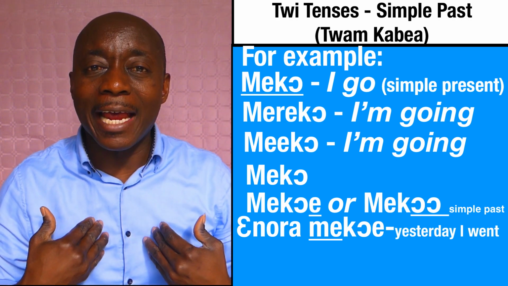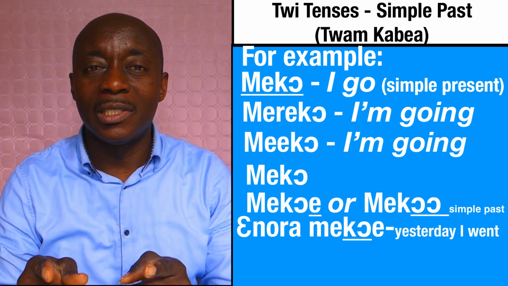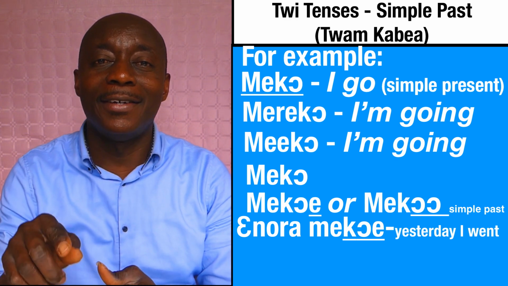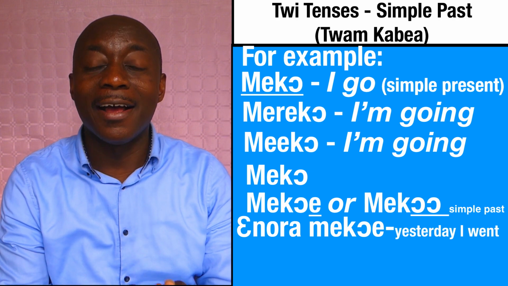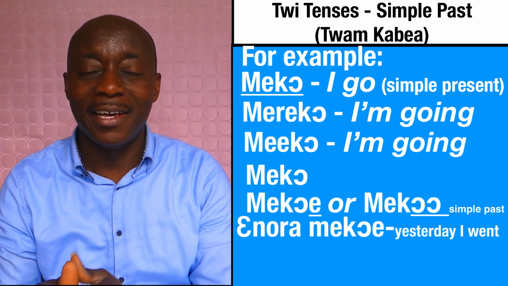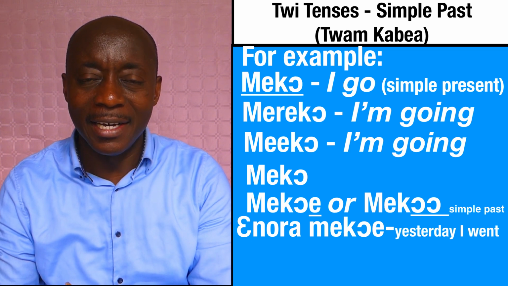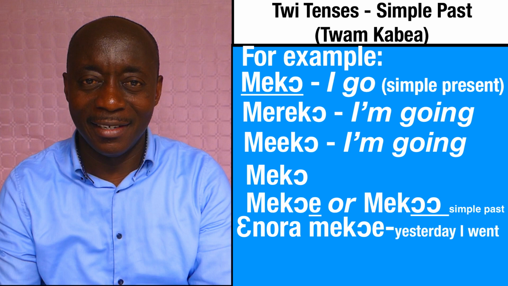Me, that is I. And then the ko, the verb. I'll write ko and then add e to it. So it will become enra mekoi. Enra mekoi. You see that? Good. This is without a complement.